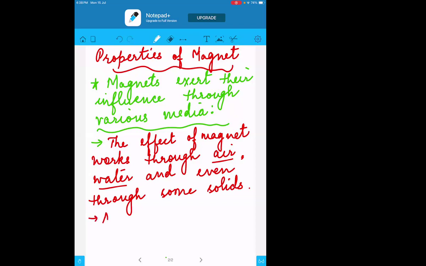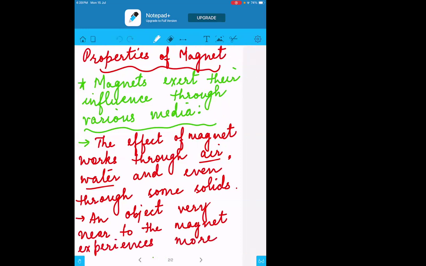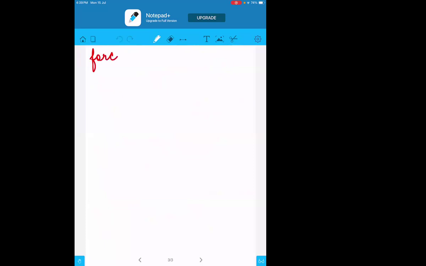Then the next point: an object very near to the magnet experiences more force. If a magnet is kept very close, the object will experience the magnetic force more as compared to an object kept away. So two things are there.